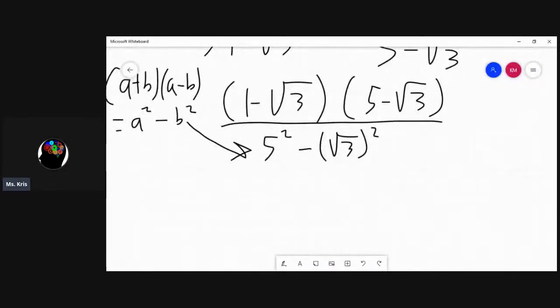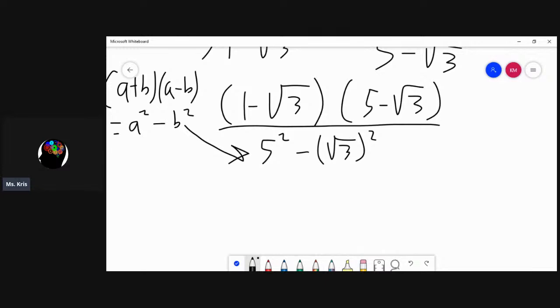So now, moving on. On the top, we have FOIL. 1 times 5 gives me 5. 1 times the square root of 3 is minus square root of 3, because that is a negative square root of 3.